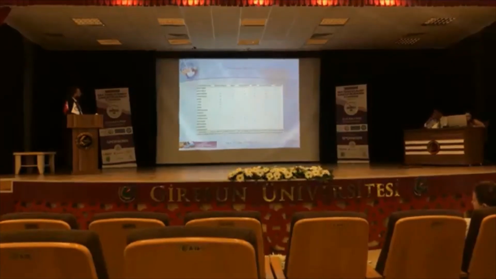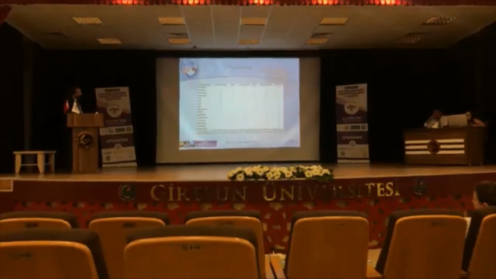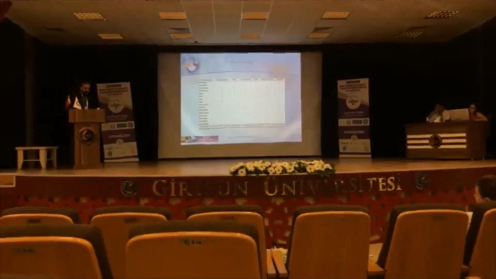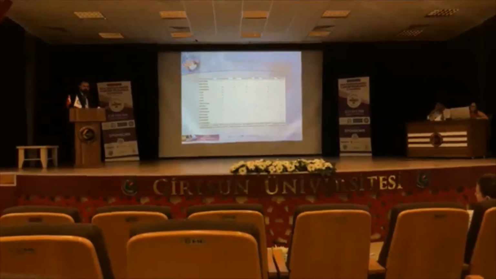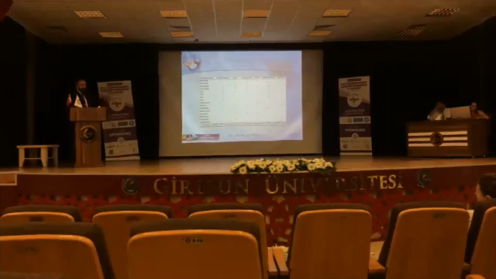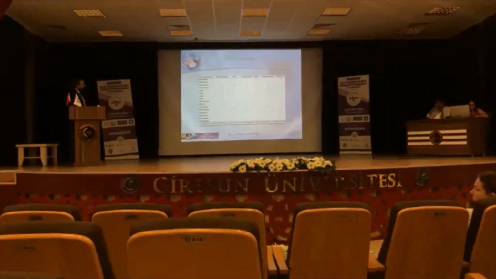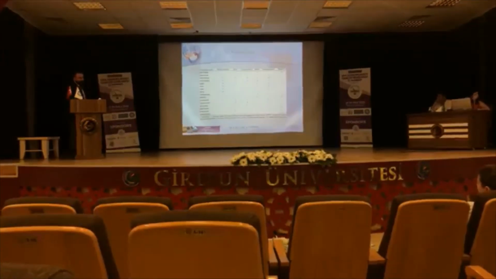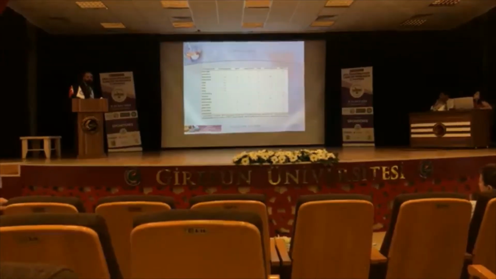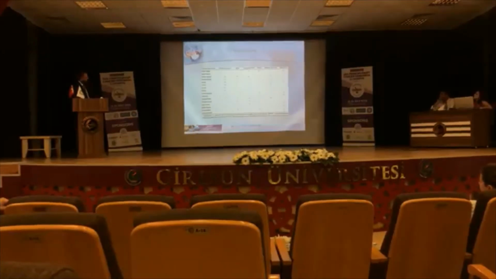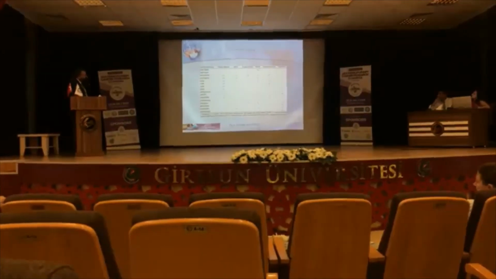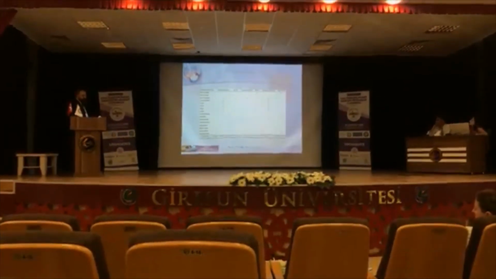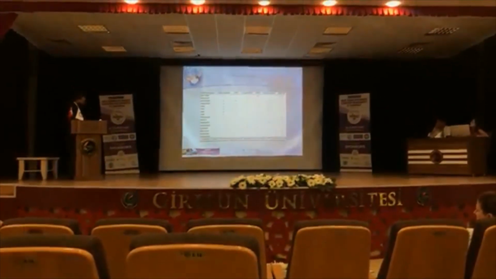In fact, NIFTP means non-invasive encapsulated follicular variant of papillary thyroid carcinoma, and just neighboring this column is invasive encapsulated follicular variant of papillary thyroid carcinoma. Follicular carcinoma, classic, is also known as conventional papillary thyroid carcinoma.